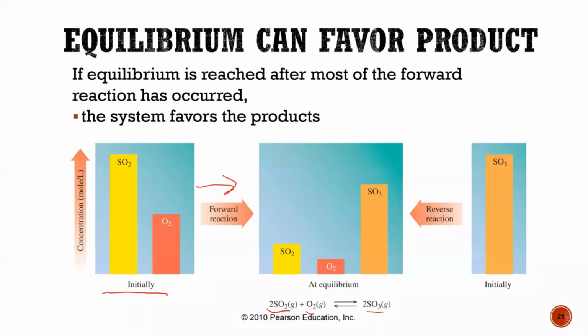Once we get a certain amount of sulfur trioxide, we can have the reverse reaction as well. If we initially only had sulfur trioxide, we would get the reverse reaction and we would produce the reactants. But eventually, in a closed system, I'm going to have all three. I'm not going to only have one of these substances.